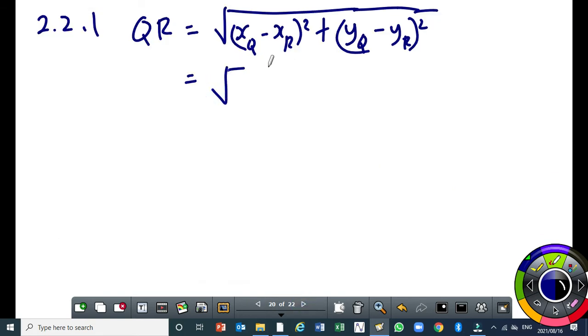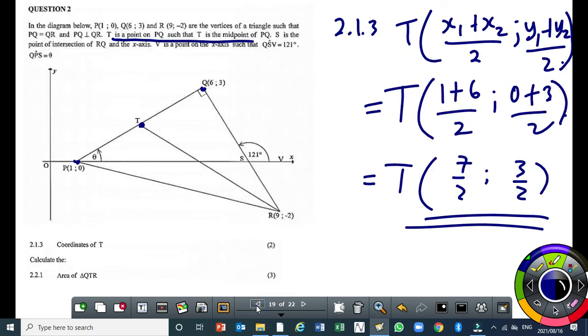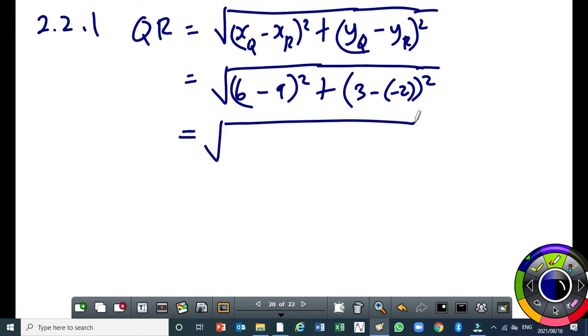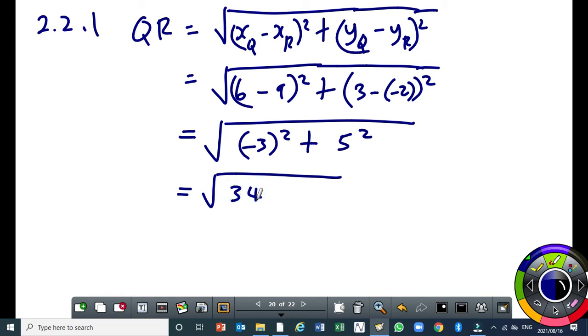So that will be (6 minus 9) squared plus (3 minus minus 2), that is 3 plus 2, squared. This will give you (minus 3) squared plus 5 squared. And then you get the square root. This is 9 plus 25, you get 34. Okay, so that's QR.